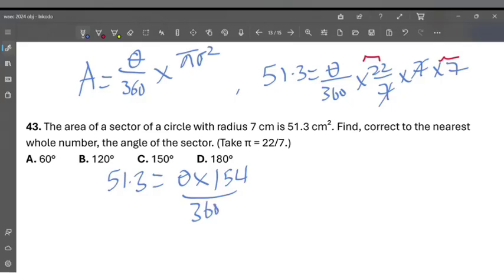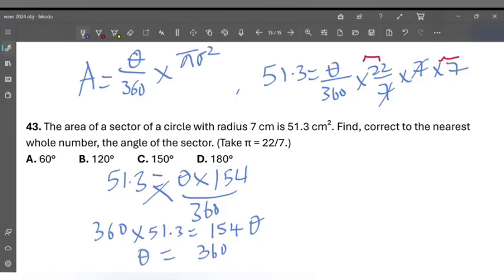Alright, so this means if I cross multiply, I'm going to have 360 times 51.3 is equal to 154 theta. Alright, so it therefore means that theta is equal to 360 times 51.3 all over 154.